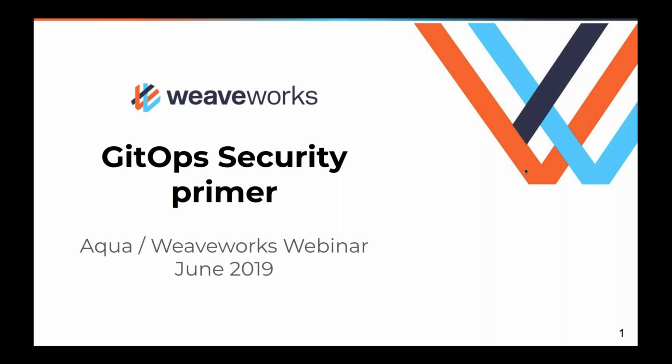During this webinar, Aqua Security and Weaveworks will provide an overview of the current state of security-related features in Kubernetes, and then demonstrate how you can build a secure and reliable Kubernetes deployment pipeline with GitOps best practices and explore how to prevent common Git attacks.